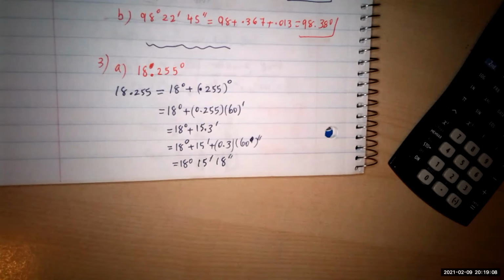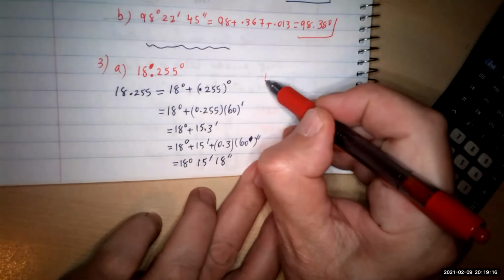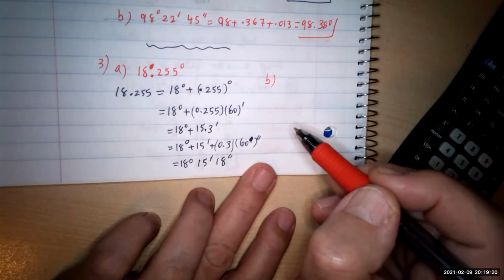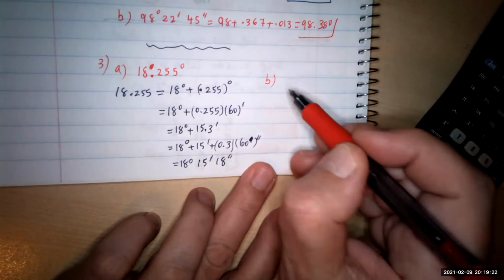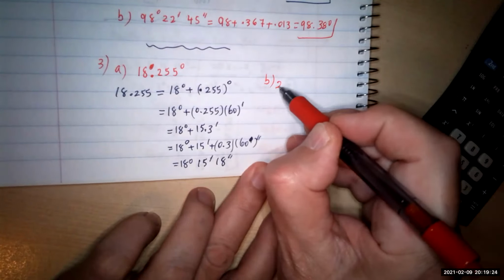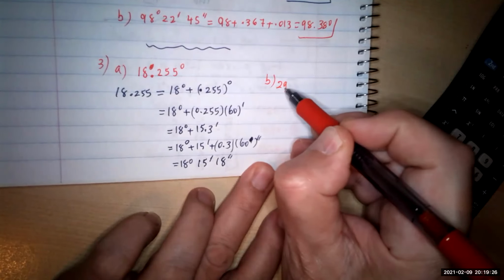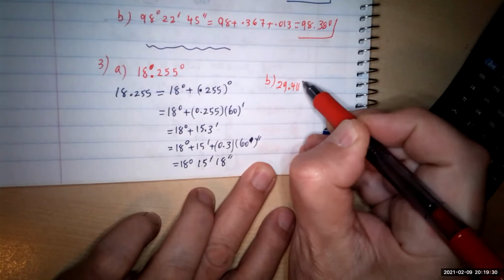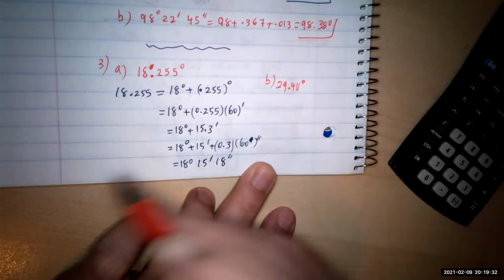Not difficult, but we have to do it. Any question? I'll just give you the answer for part B. You check it for yourself. Part B is 29.411 degrees, thousandths.